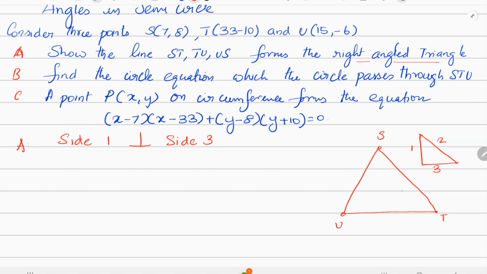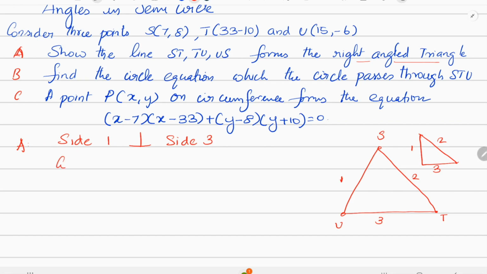So we know the 3 points, and we need to find whether it is a right angle triangle. For that, we need to find whether any two of the sides are perpendicular to each other. So how to check for perpendicular?